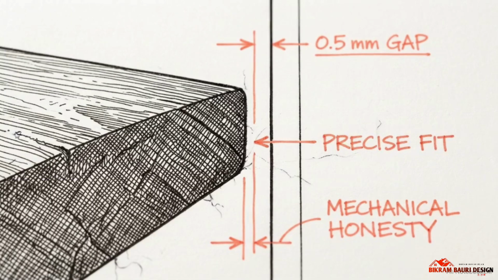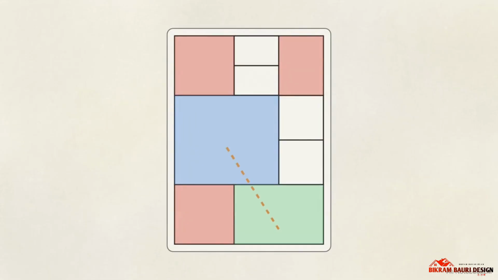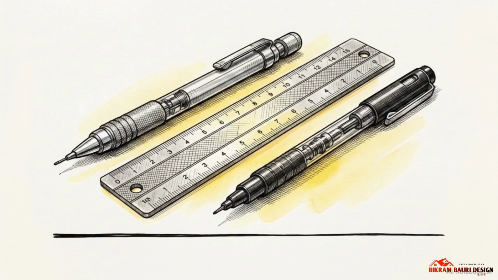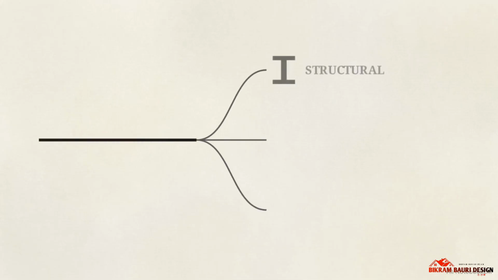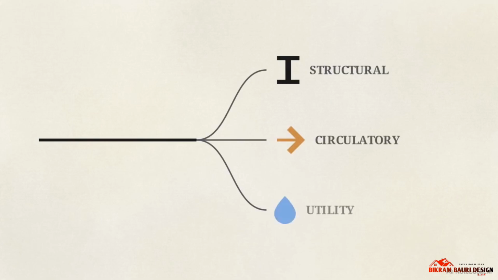Pulling back to view the holistic artifact, we can see the overlapping systems hidden within these simple lines. The placement of a partition on this blueprint is never arbitrary. Every single line is calculated to serve structural, circulatory, and utility functions simultaneously.